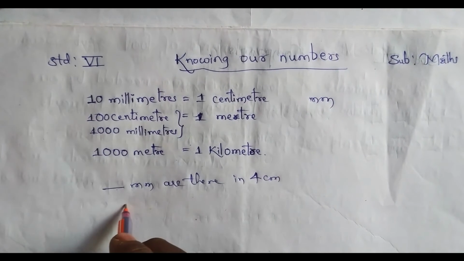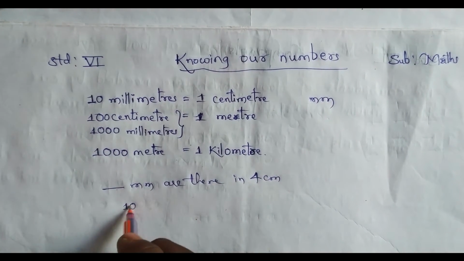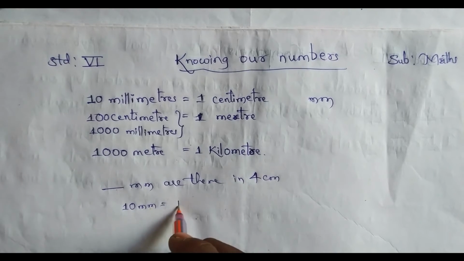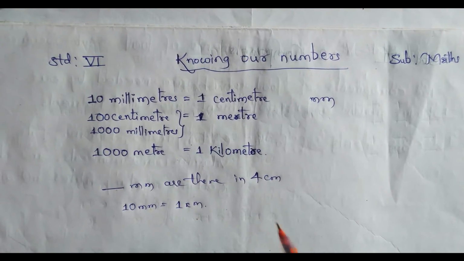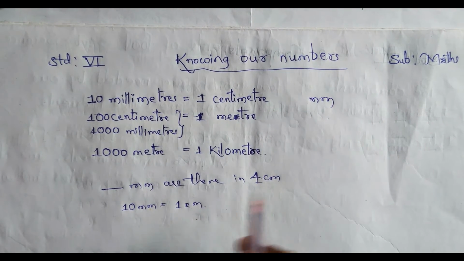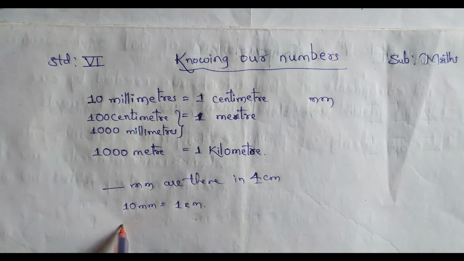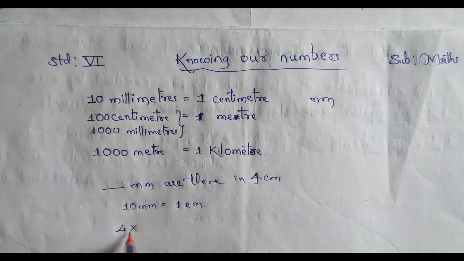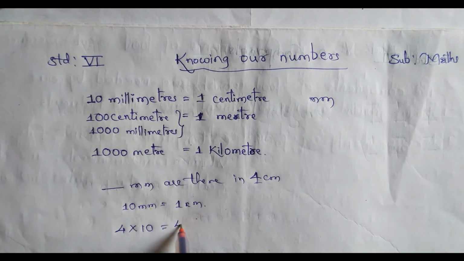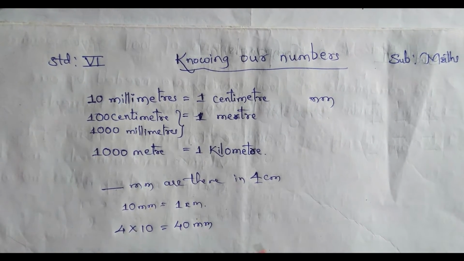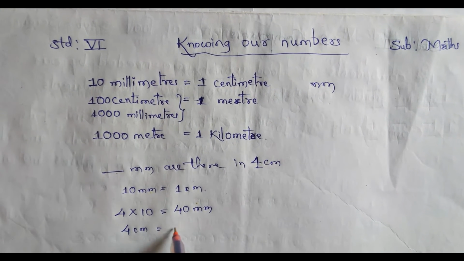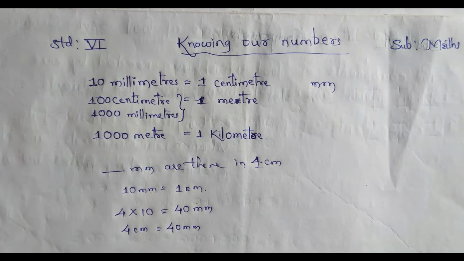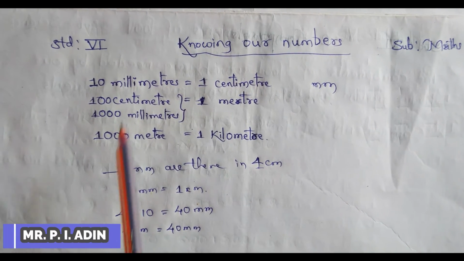You know 10 millimeters is equal to 1 centimeter. Here they are asking 4 centimeter. So 4 into 10 is equal to 40. Means 4 centimeter is equal to 40 millimeters. Like this you have to find out the measurement.